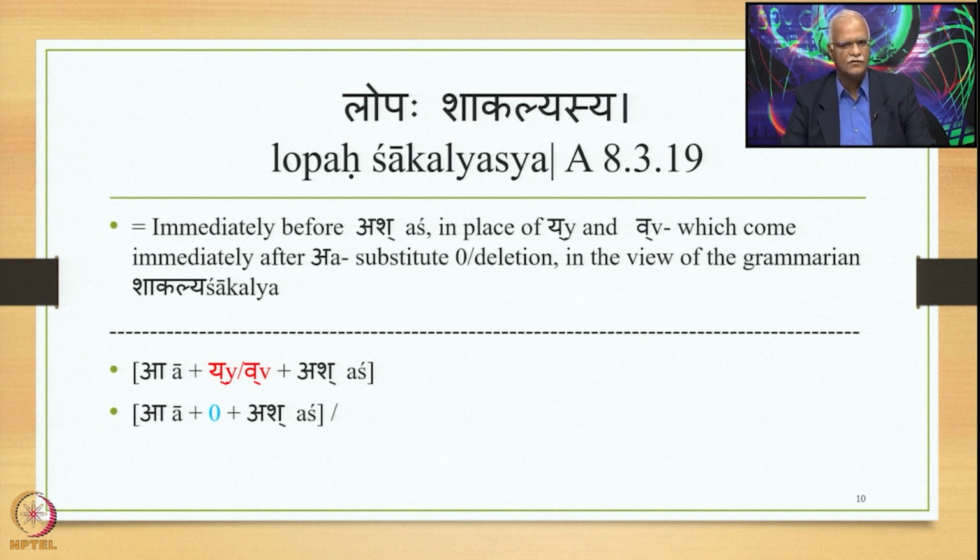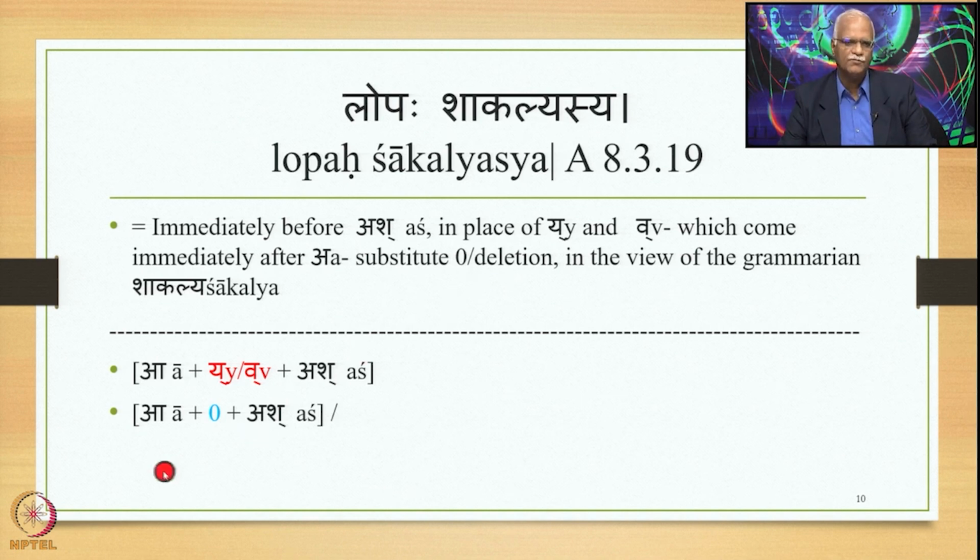In a nutshell, this is the view only of Shakalya and not of any other grammarian, especially Panini, and therefore this is an option. So to reread, the meaning of the sutra is immediately before ash, in place of ya and va, which come immediately after a, substitute 0 or deletion optionally.